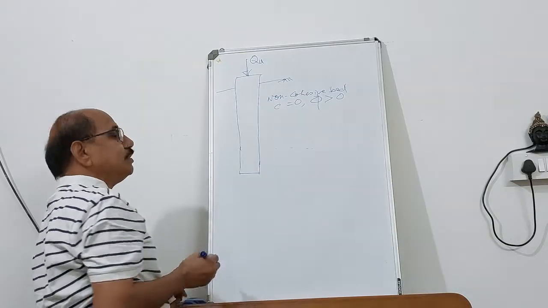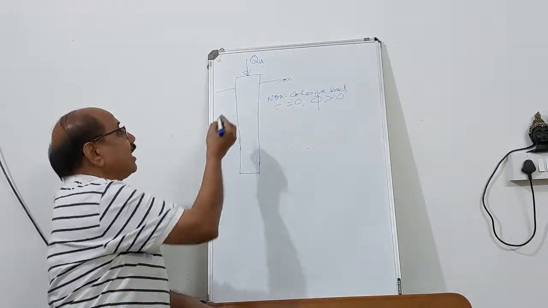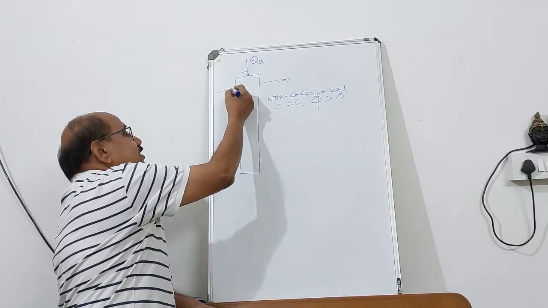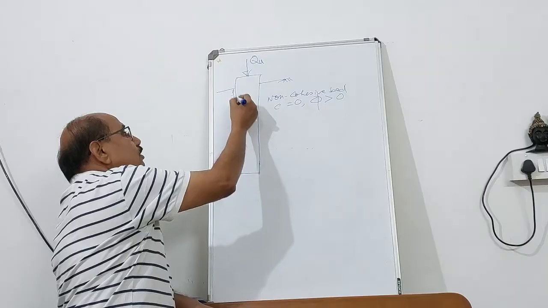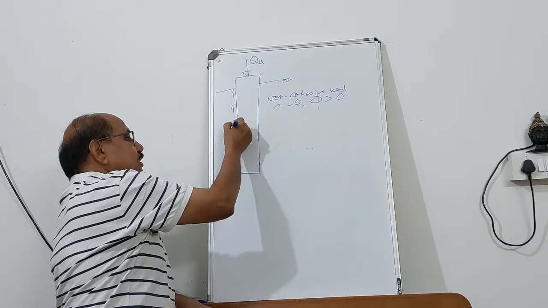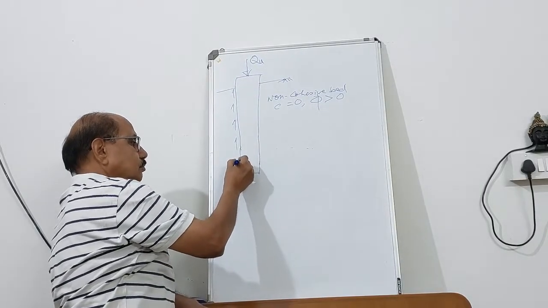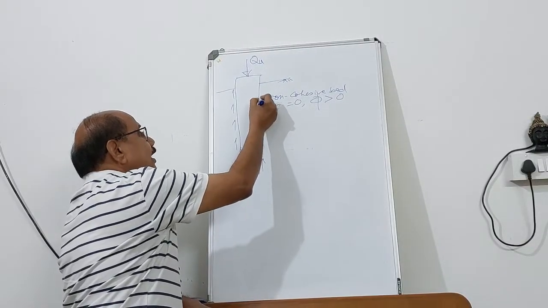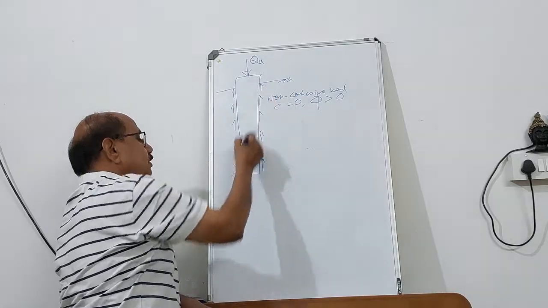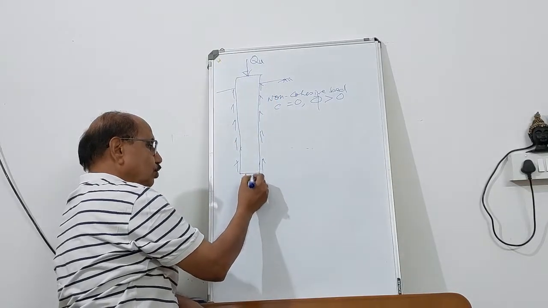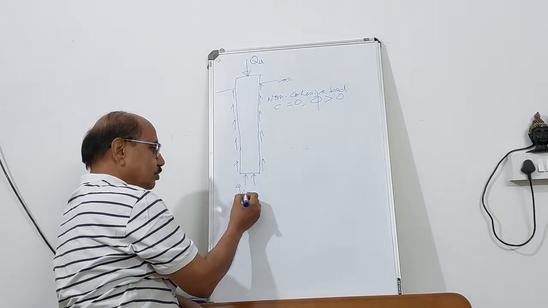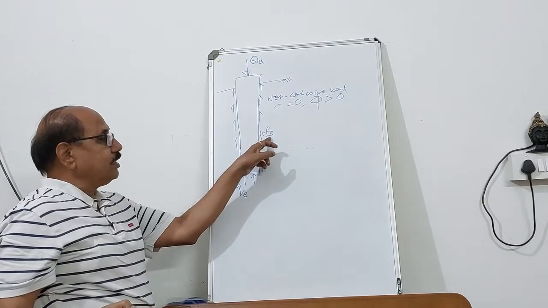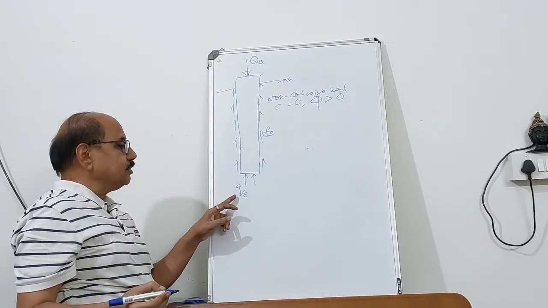So how will you calculate it? Let's see the load transfer mechanism. When you apply the vertical load, it is being resisted by the ground by unit skin friction acting like this, and also unit end bearing resistance. So unit skin friction is Fs, unit end bearing resistance is Qe.